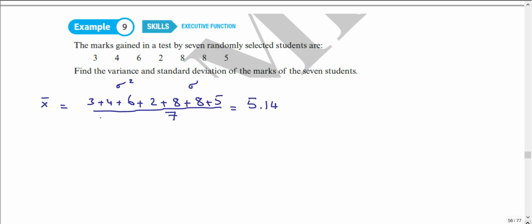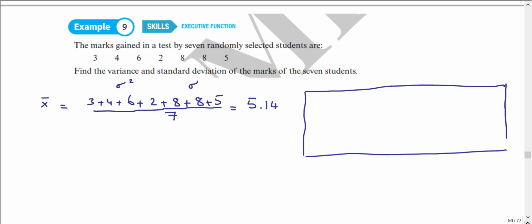After this, construct a table this way. The first row is for x, the data. The second row is for x minus the mean.